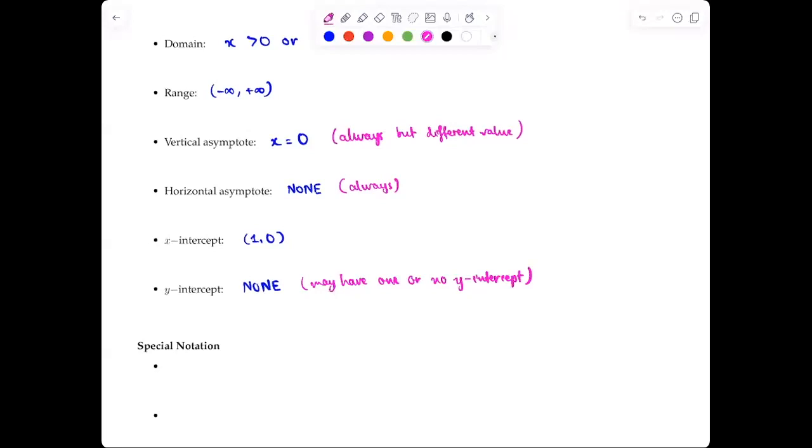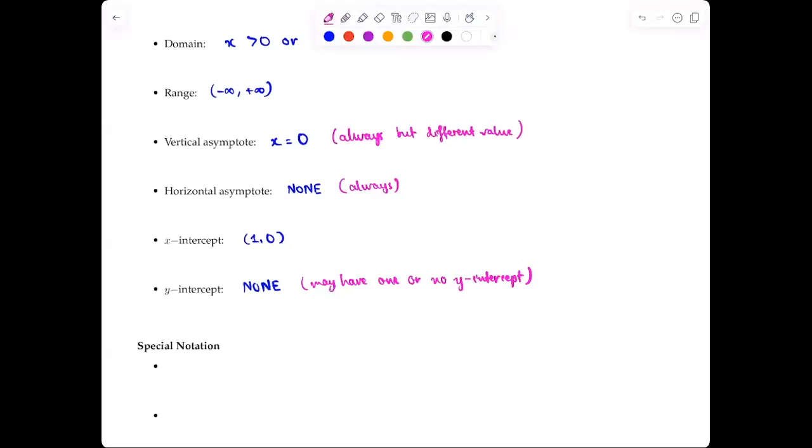All right, so let me show you something. You can use computer software, your phone, or a physical calculator.